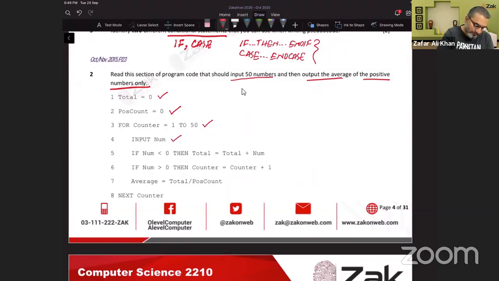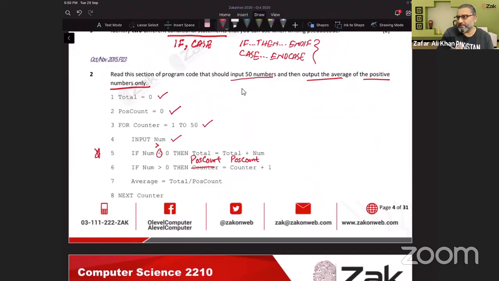If number is greater than 0, then total is equal to total plus number. If number is greater than 0, then counter is equal to counter plus 1. That is correct. So, no, not counter, sorry. Positive counter. Then positive counter is equal to positive counter plus 1.